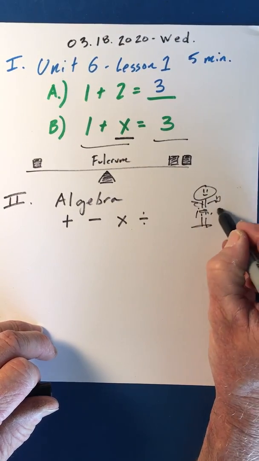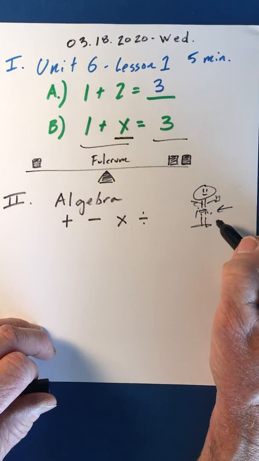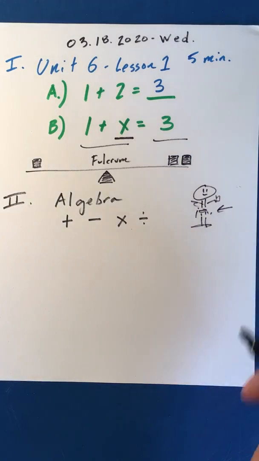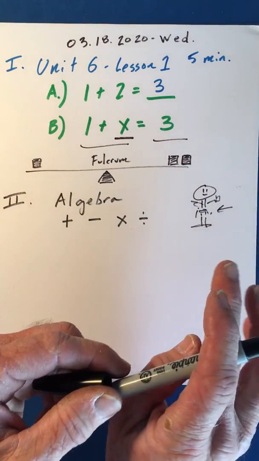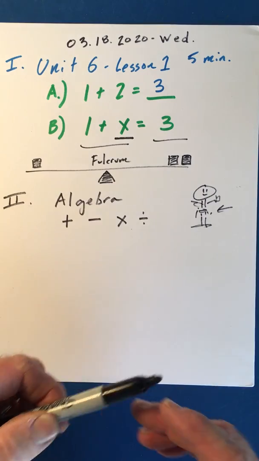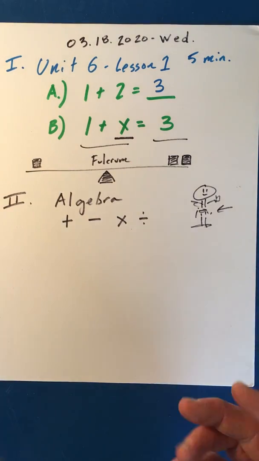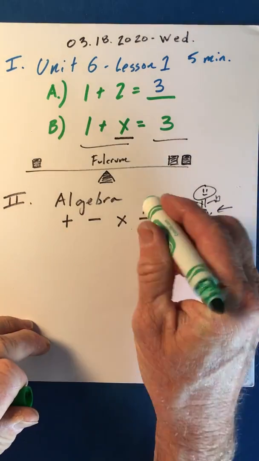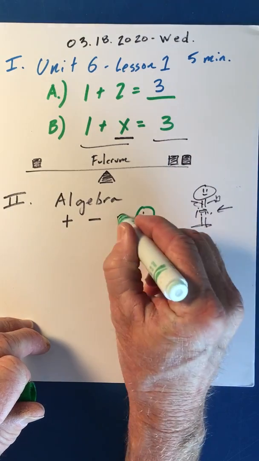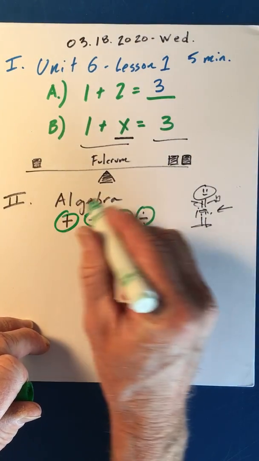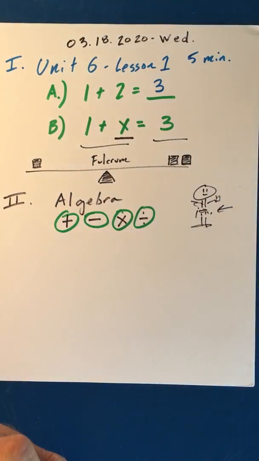In this case, it might have a hammer, a wrench, a screwdriver, whatever, and a measuring tool. You always go to work with the same 4 tools. In algebra, these are your 4 tools. This is what you have to work with to get that variable, that x, by itself.